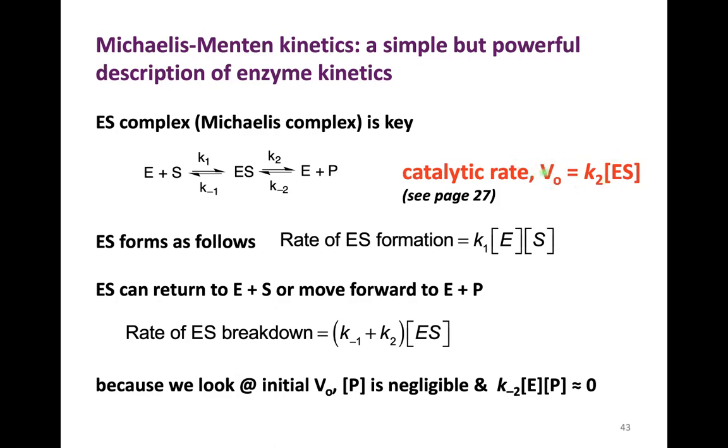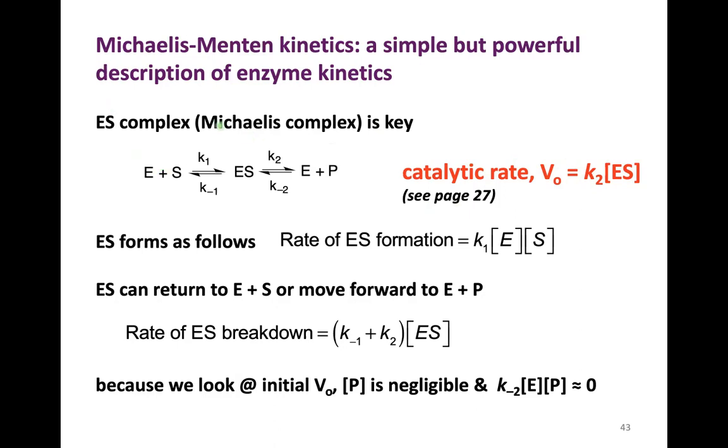And so the take home on page 27 was that our initial velocity is equal to our rate constant times the Michaelis complex, okay? So we're going to be using this moving forward, and you'll see where that comes into play. Okay, get back to the point.